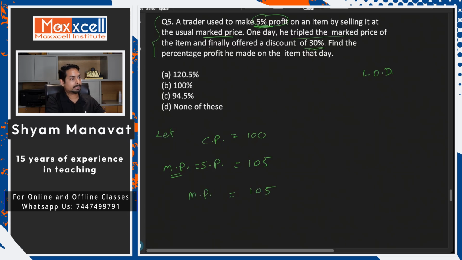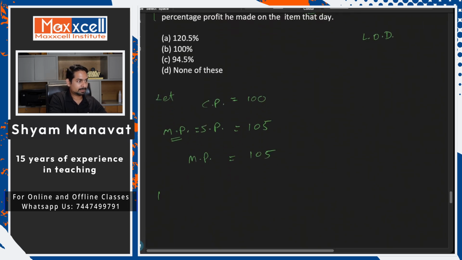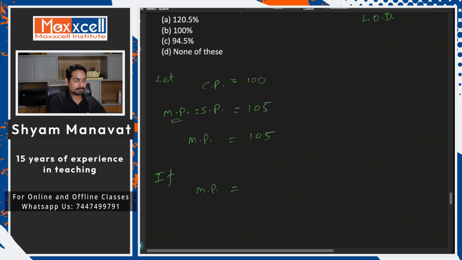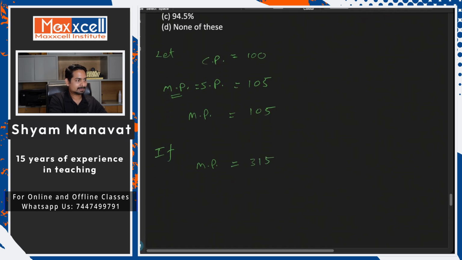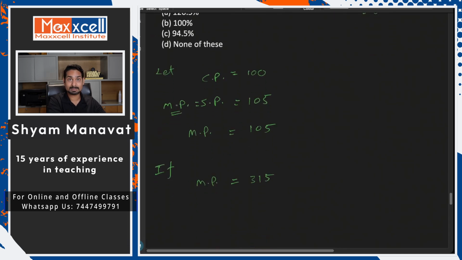Now the question said the mark price is tripled. That means the mark price becomes triple of this, that is 315. Now, 30% discount is finally offered, so the discount is applied on the mark price. What should be the selling price now after you apply 30% discount?